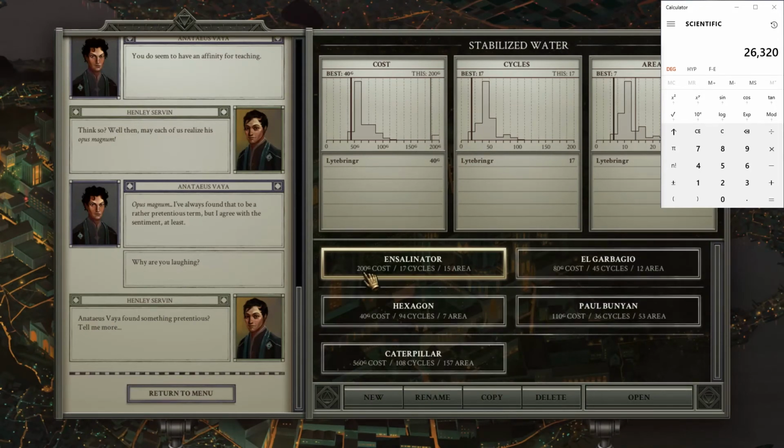So if we were to take the hexagon and get 5 of them running in parallel, they would cost the same. Grab our calculator. We take our 94 divided by 5. 18.8 cycles is the comparable result for using the hexagon. But instead of taking up 15 area, it takes up 35.